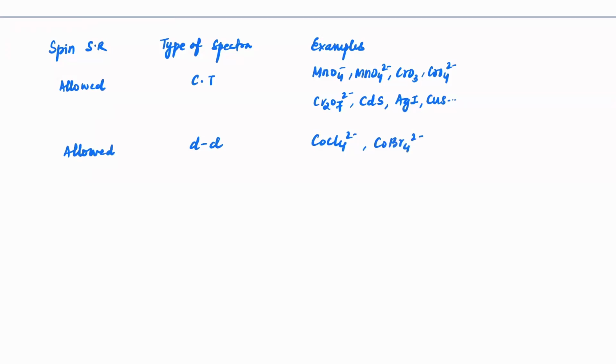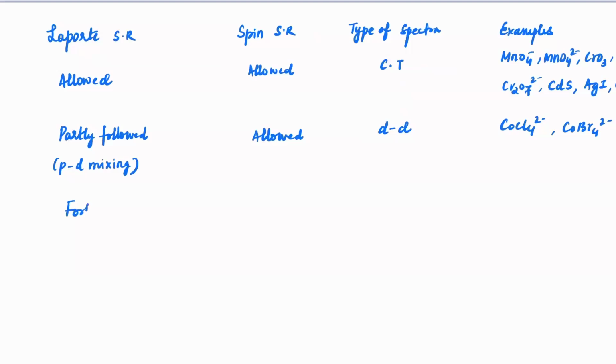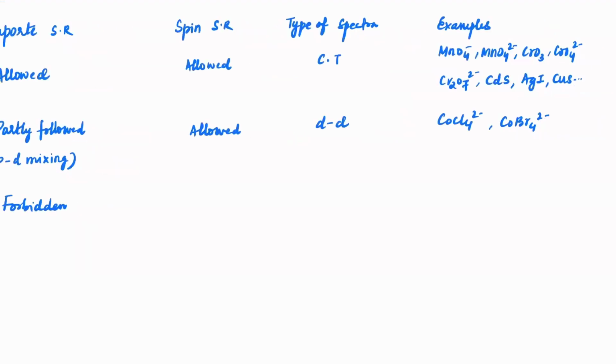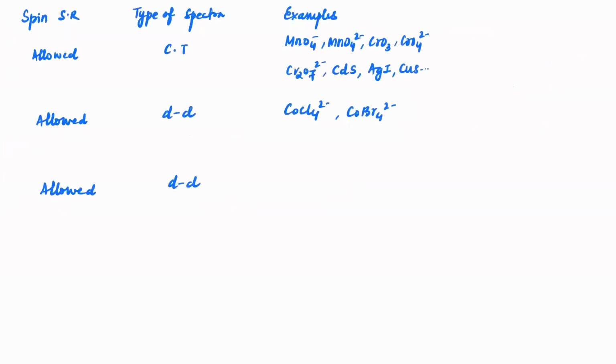Next one is completely forbidden cases. Completely forbidden, but spin is allowed. That usually happens in d-d transition with t2g going to eg, but there is no electron in eg.